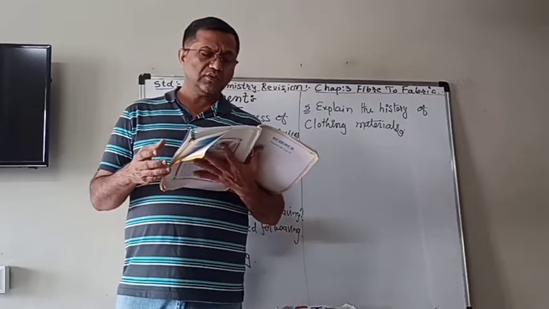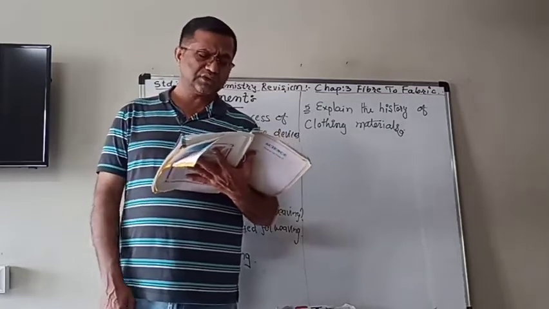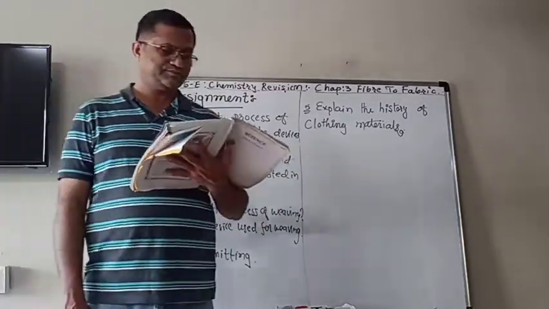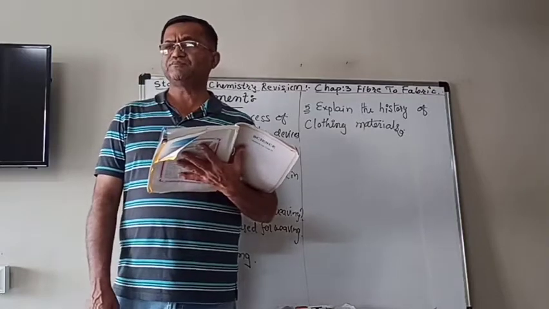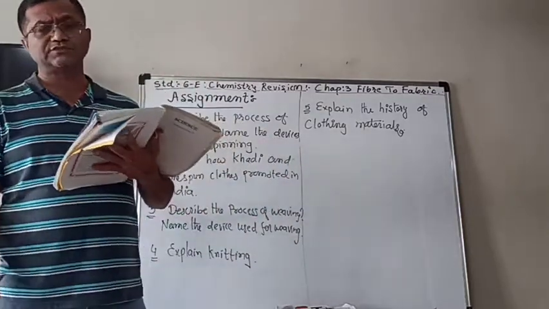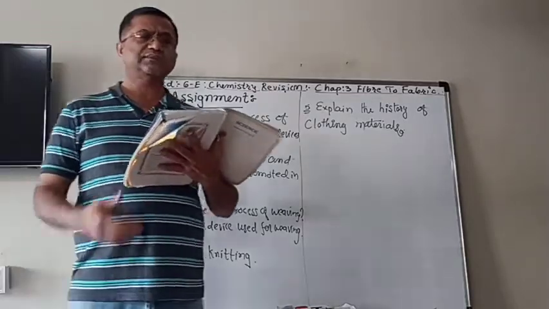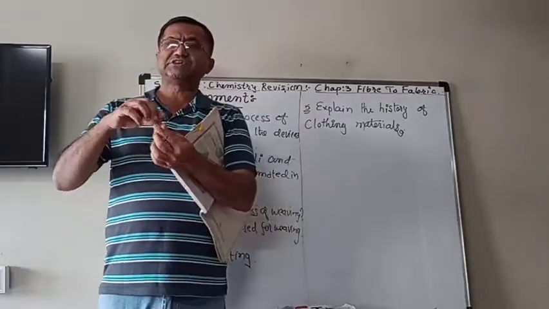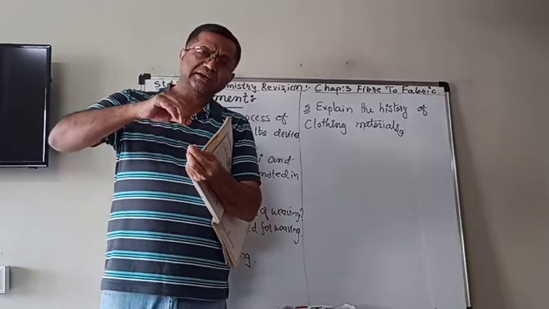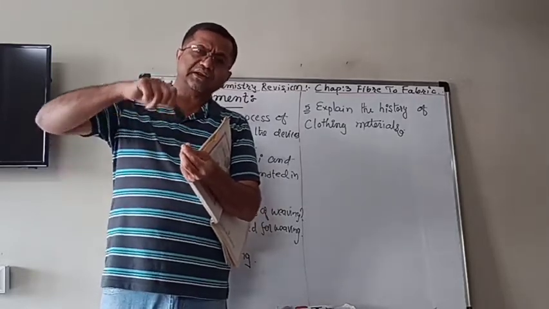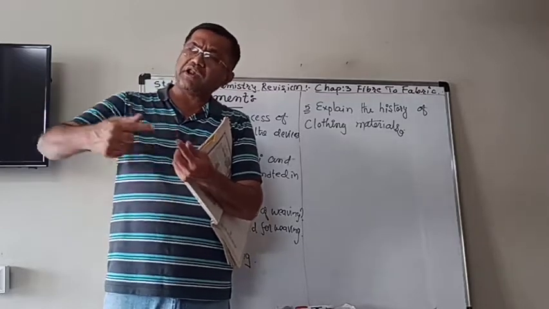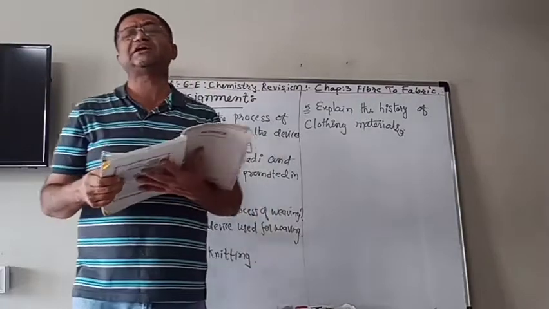So what is to be done now? Spinning the cotton yarn: how the yarns are made. If you take cotton wool in your hand and pinch some of the cotton, pull it up and twist it, then you will be able to make a long thread out of it.